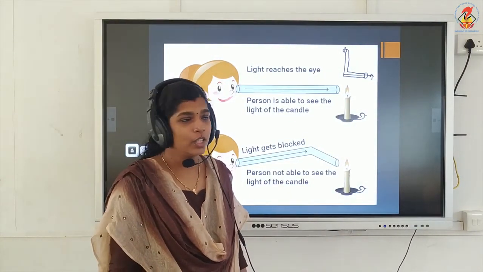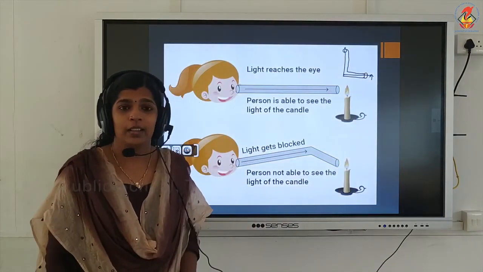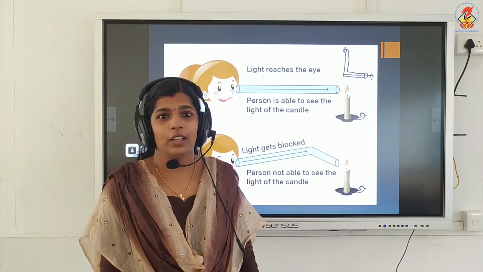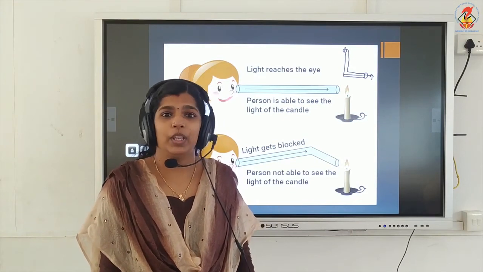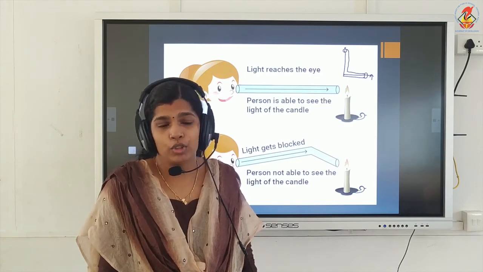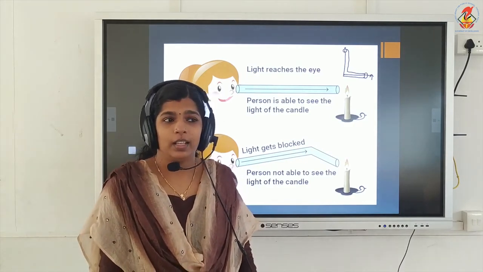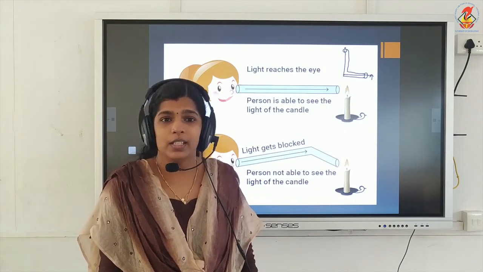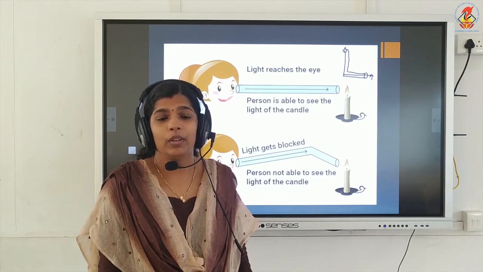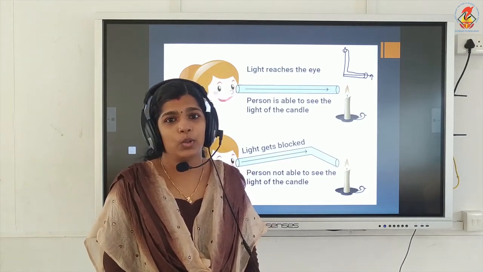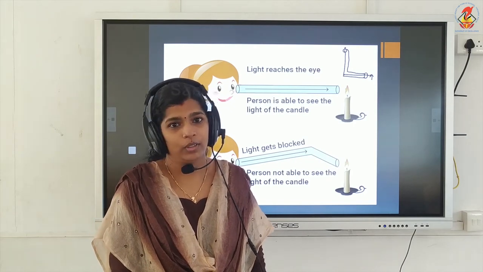So light travels in a straight line, that is known as rectilinear propagation of light or straight line propagation of light. Materials are classified into three categories, that is opaque, transparent and translucent, depending upon whether they will allow light to pass through them or not.